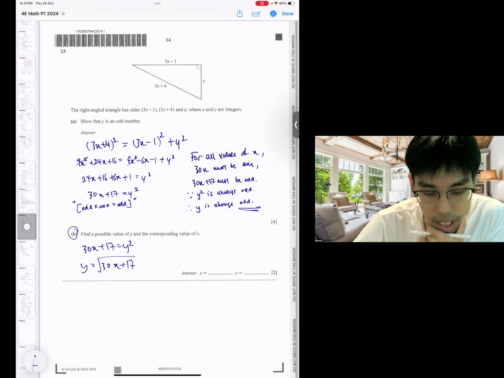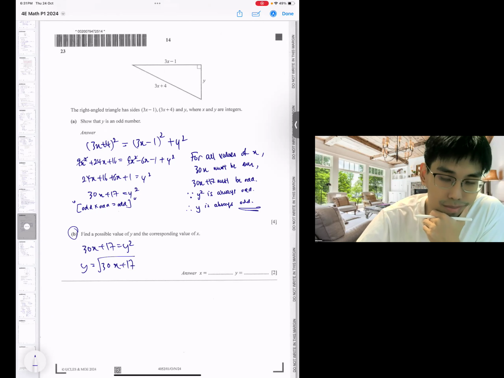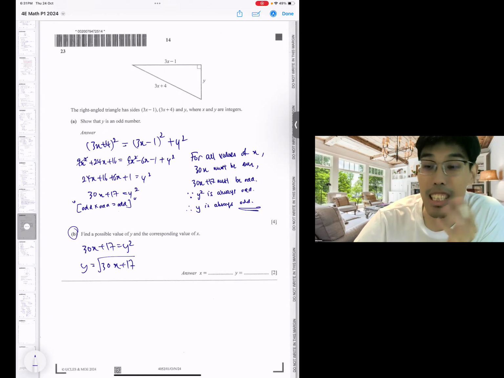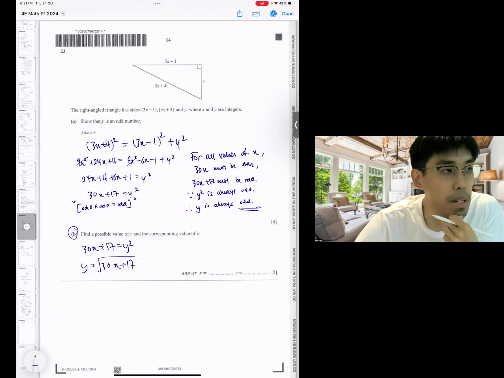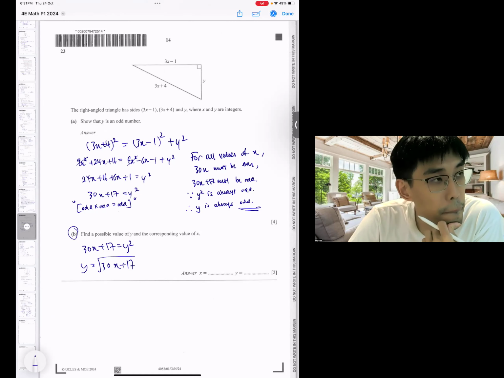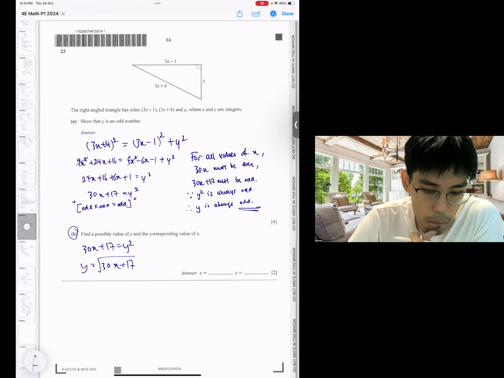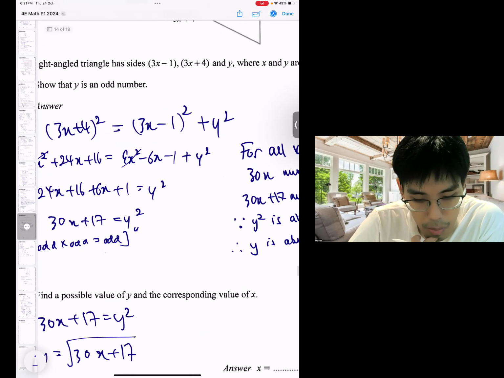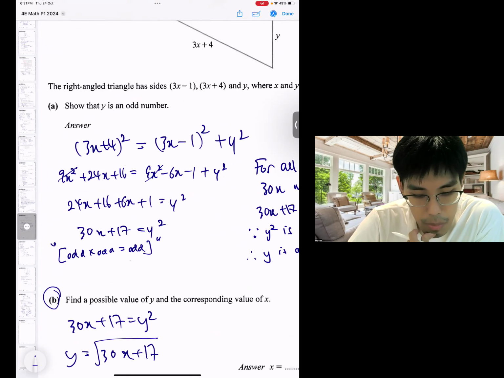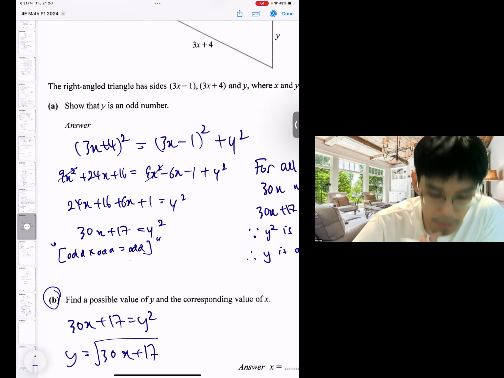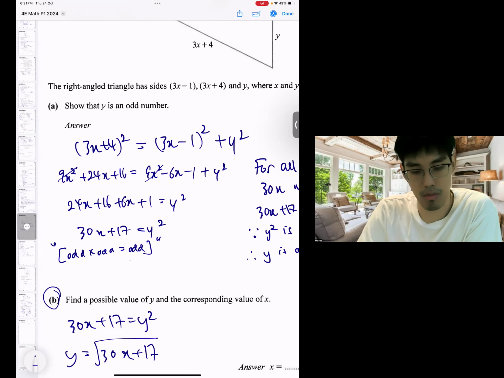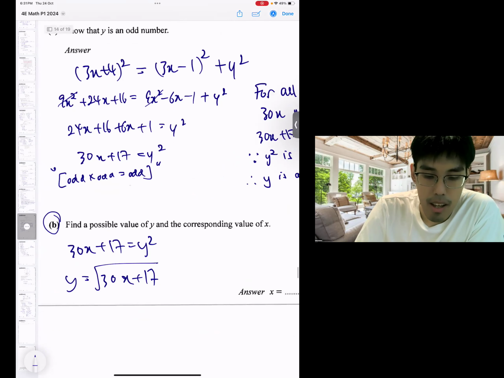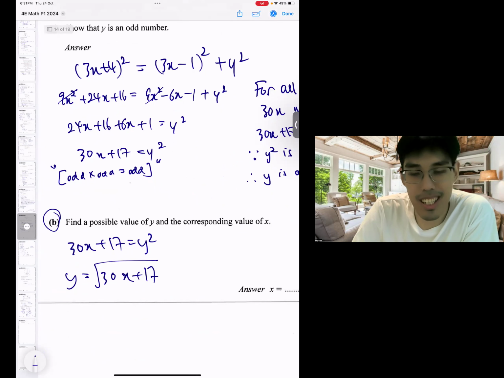3x plus 17. It's a square number. Y square. Find the corresponding value of x.